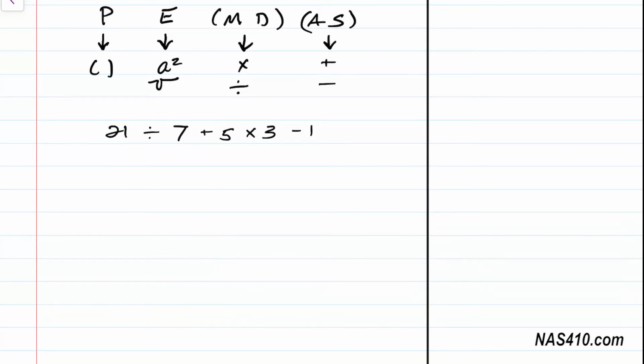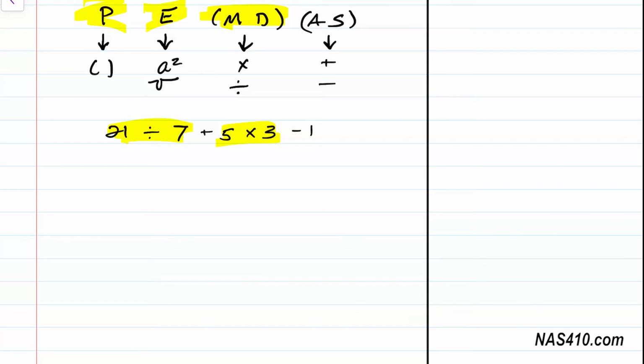This next example is pretty simple, but I'm just using it to illustrate a point that I'm going to make in a minute. Going down the list, I don't have any parentheses, I don't have any exponents, and so I do my multiplication and division from left to right. I have division being done here, and I have multiplication being done here, so I'm going to do these operations first.